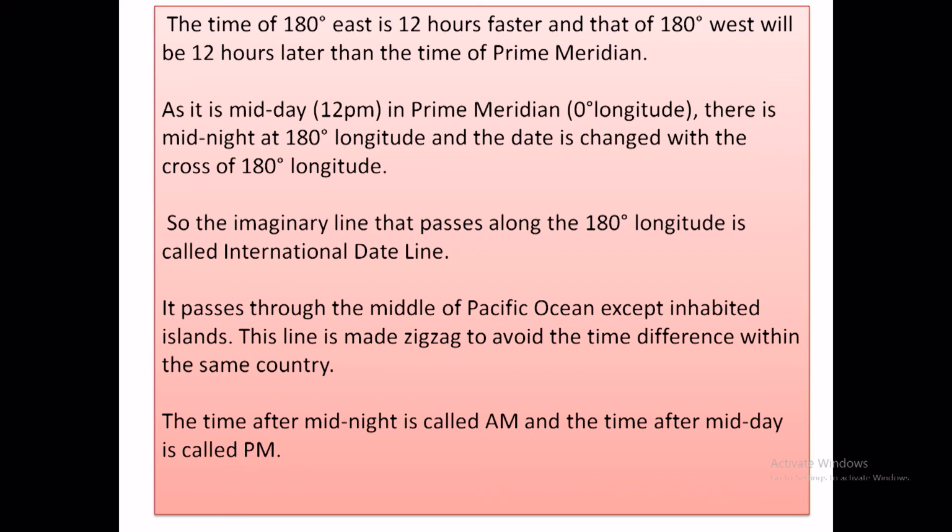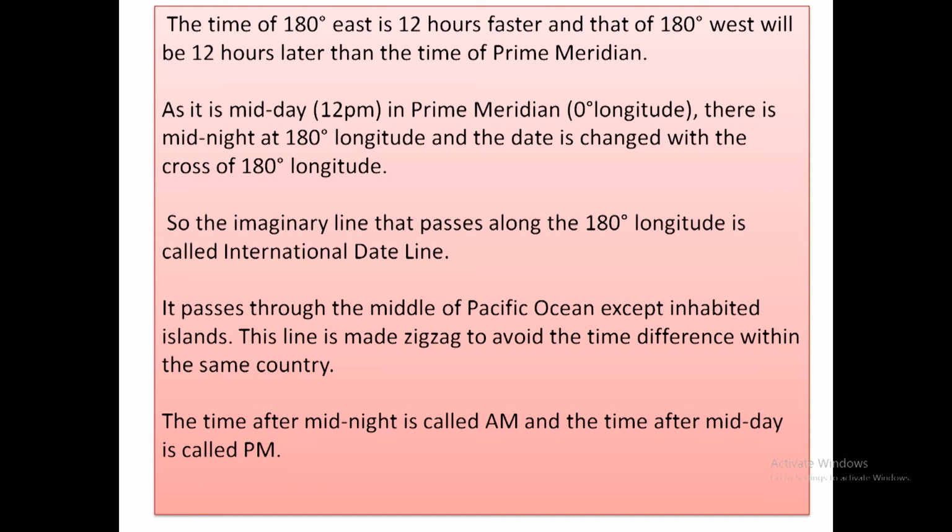So, to avoid these differences of time in the same place, the international date line is made zigzag by the cartographers. Similarly, we call the time after midnight AM and the time after midday PM. So, I think you are clear about all this.